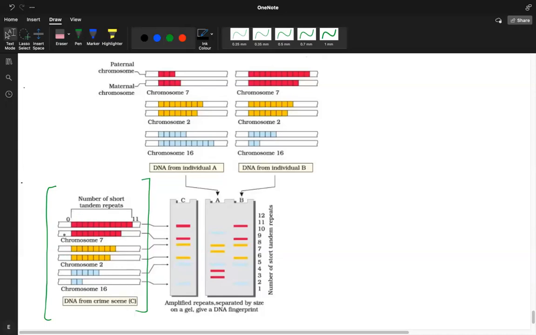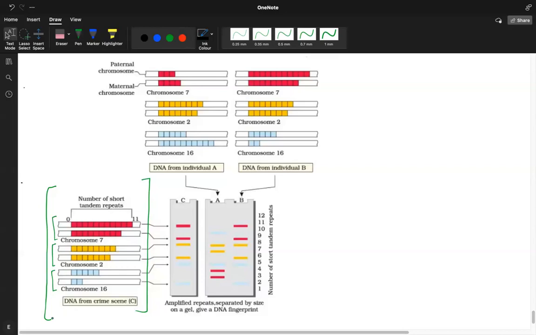We got a DNA from a crime scene which has chromosome number 7, 2, and 16. So this is chromosome 7. It will be in a copy. This is chromosome 2. Again, it will be in a copy, and this is chromosome 16.